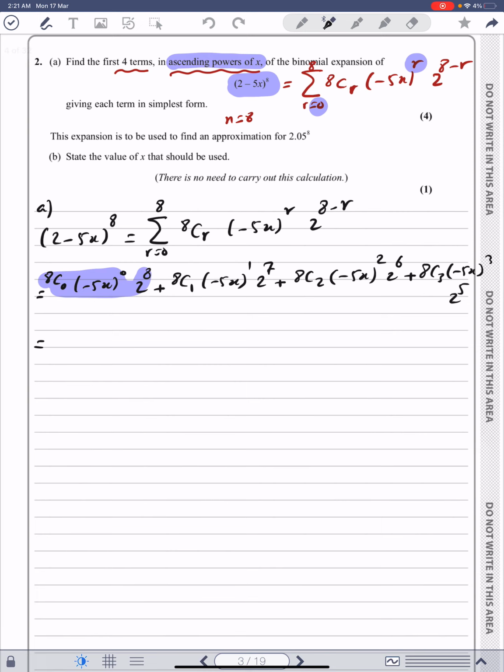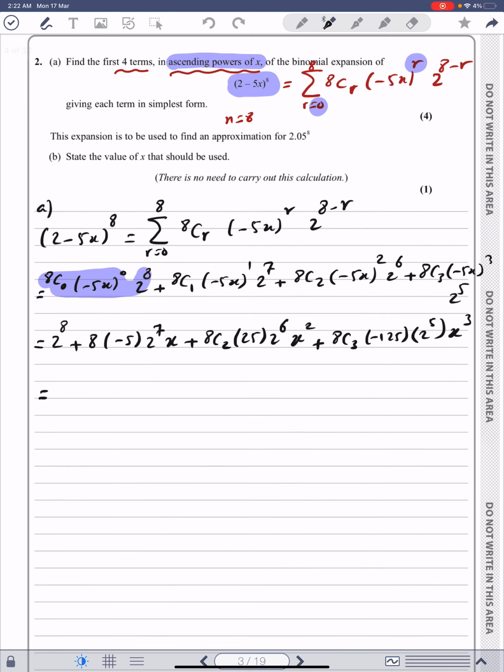This to the power of 0 is 1, so this is 2 to the power of 8. 8 combination 1, which is 8, negative 5, 2 to the power of 7 times x. 8 combination 2, I'm simplifying this because this is the first example in the first paper, negative 5 squared, 25, 2 to the power of 6, x squared, and the fourth term, 8 combination 3, negative 5 cubed, which is negative 125, times 2 to the power of 5, x cubed.